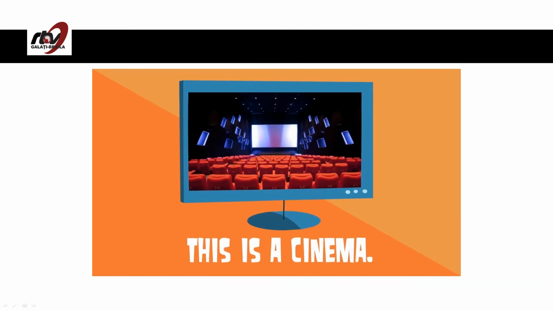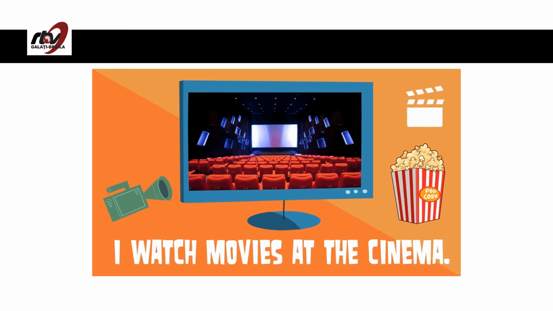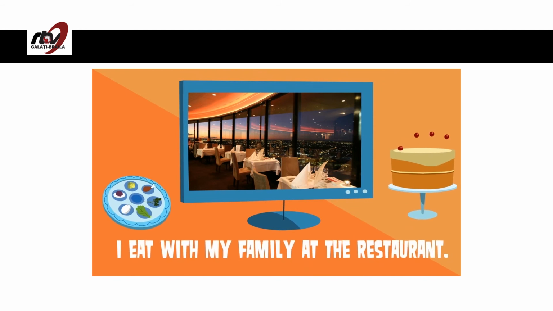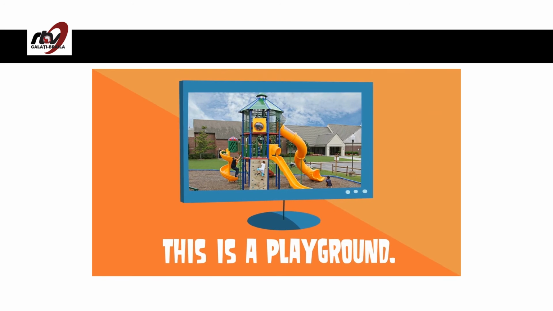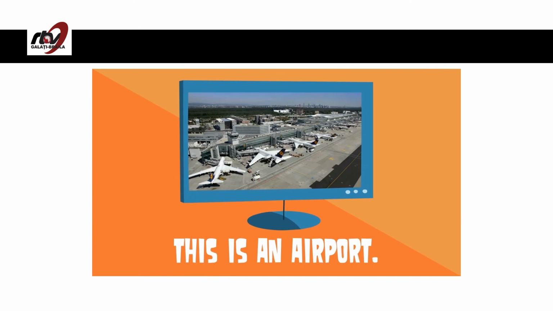This is a cinema. I watch movies at the cinema. This is a restaurant. I eat with my family at the restaurant. This is a playground. I play in the playground. This is an airport.